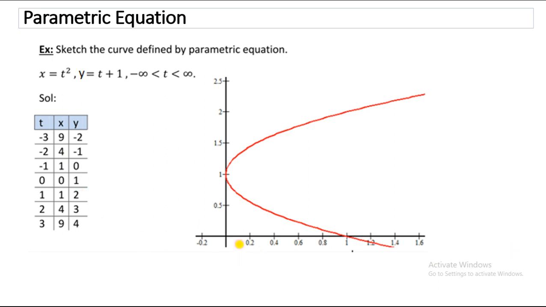If x equals 1, y equals 0. If x equals 1 and y equals 2, here. If x equals 4 and y equals 3.